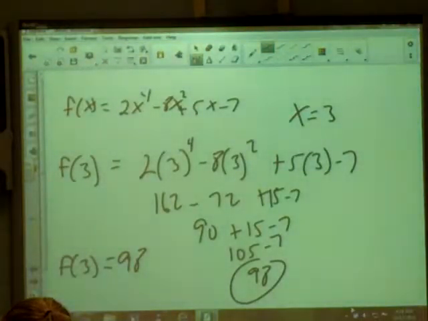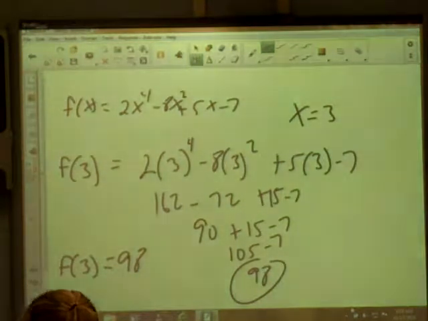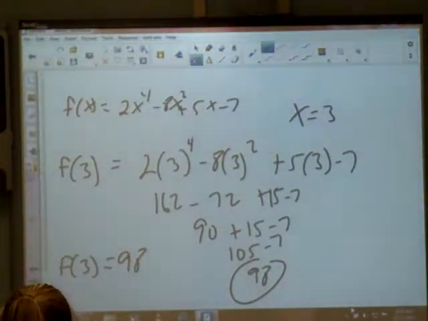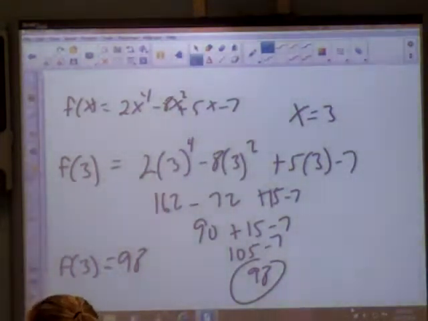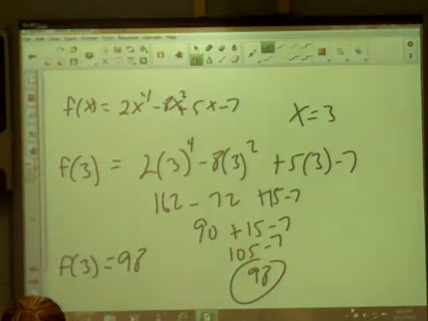Then you multiply what you got by 2. Exponents come before multiply in the order of operations.